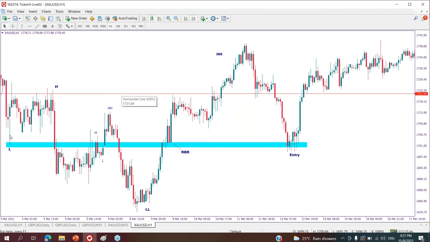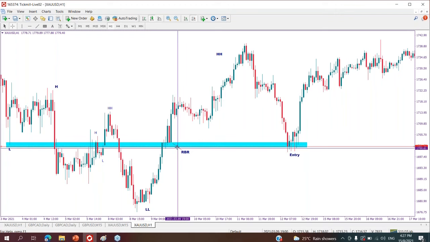For me, my SL is not more than 30 pips, like here. Let me show you. So this is my entry point from here. So I'm going to put my SL, yeah, 30 pips from here until here. So this is my SL.